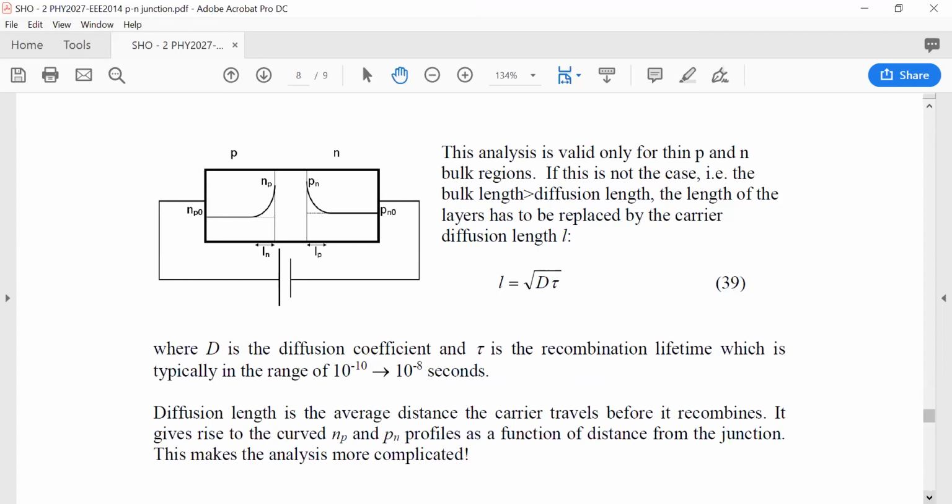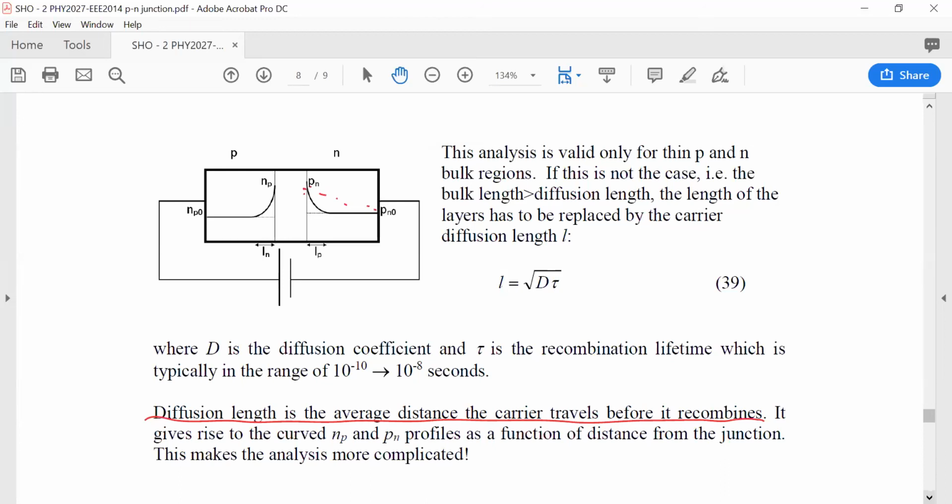It's worth pointing out the diffusion length is the average distance the carrier travels before it recombines. So an electron will recombine with a hole eventually. And because of that, in fact, these holes which are sitting in the n-type region don't gradually decrease. In fact, they will relatively quickly decrease, okay? They're not going to be a constant.